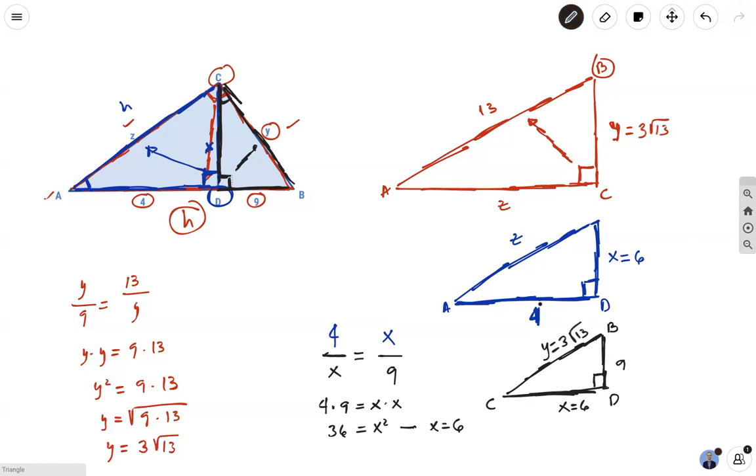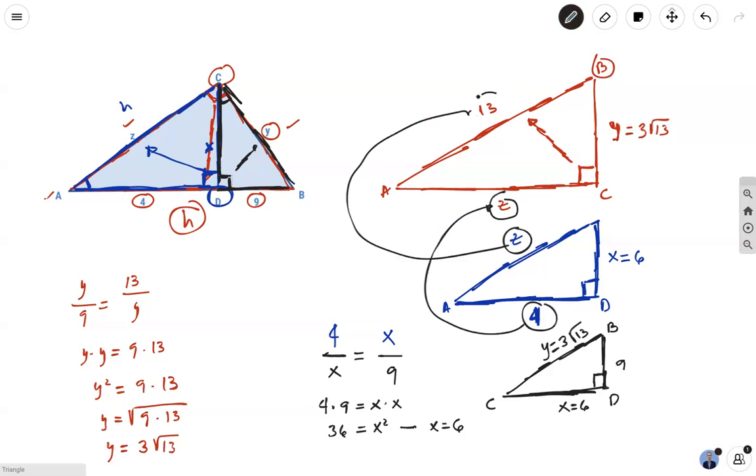We have this 4 corresponds to this z, and this one corresponds to this 13. So I'm going from a 4 to a z, and from a z to a 13.